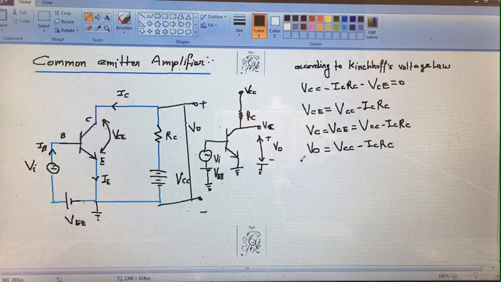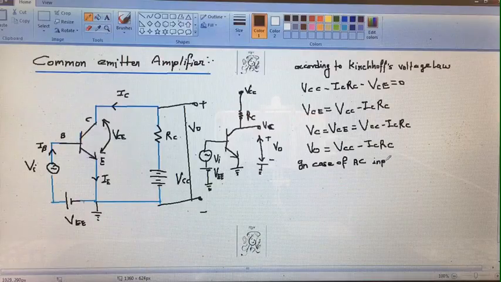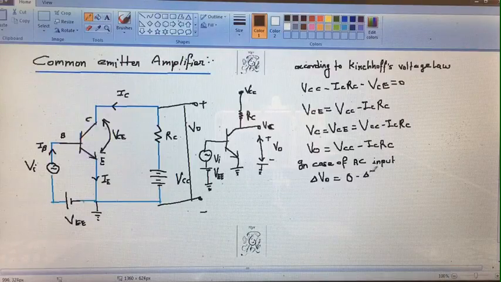So in case of an AC input, we can write our equation: change in output voltage is equal to change in VCC, and we know that VCC is a fixed DC input, so that's why the change will be 0, minus change in collector current IC RC.